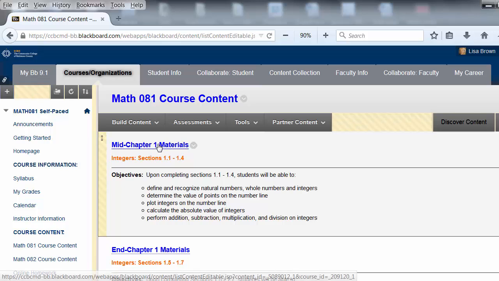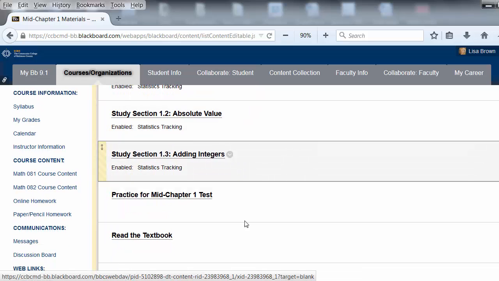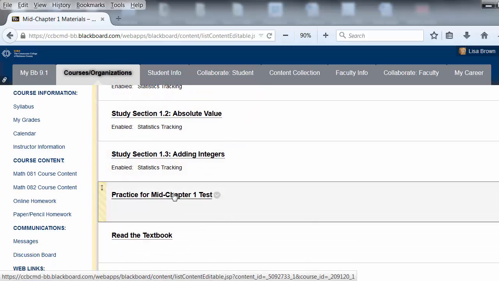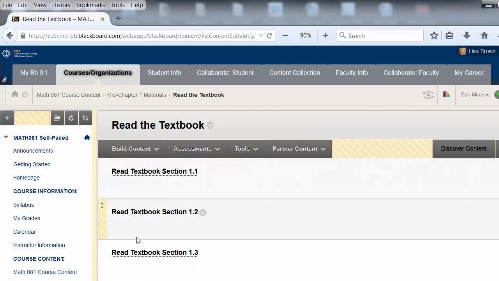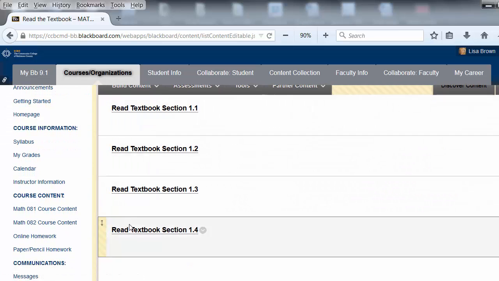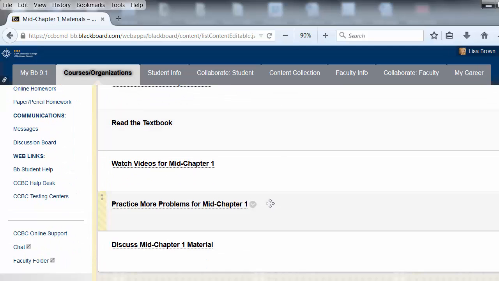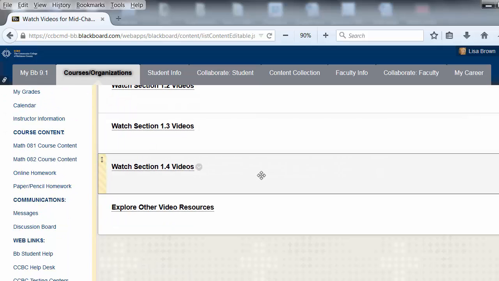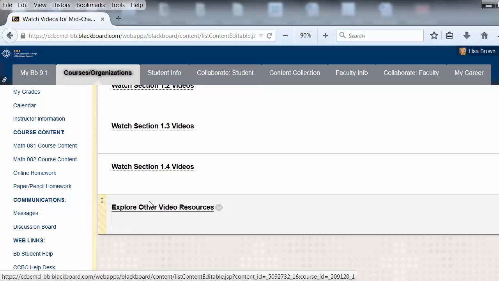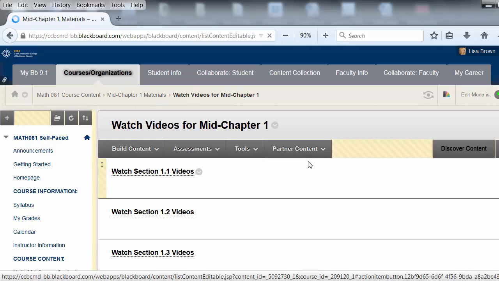And I just played around with this a little bit. And here's mid-chapter 1 materials, and the practice materials would be here for the chapter test. The textbook for those sections in mid-chapter 1 would be listed here in the folder for Read the Textbook, and Watch the Videos would be just the sections, as well as the older videos all in one place for the mid-chapter 1 materials.